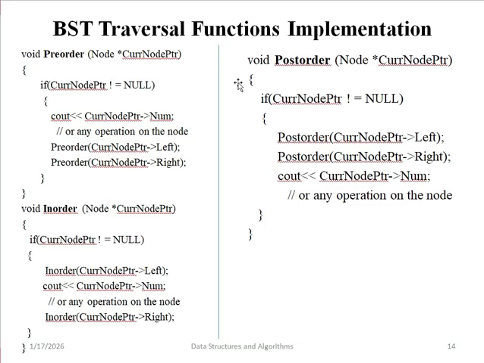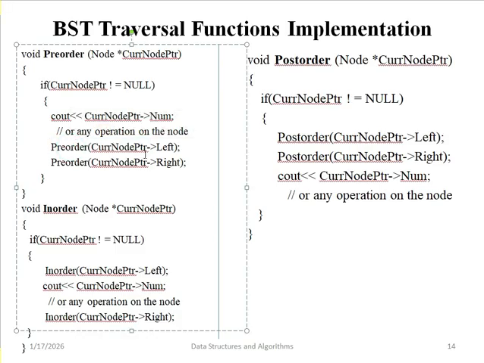Each takes one node as a parameter, which is the current node. Every time we are passing a node as a parameter to each of those functions, and those functions are recursive functions, passing the current node to itself.